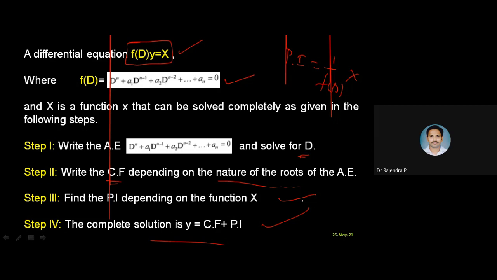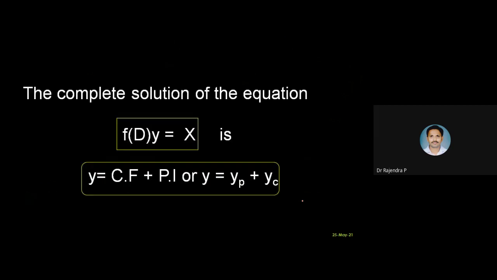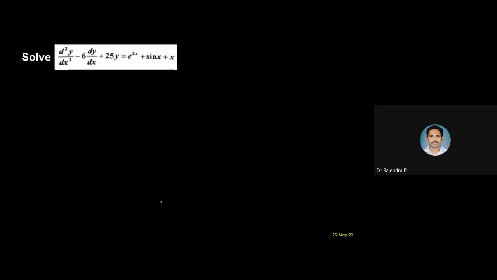Okay, now we'll go ahead with the problems one by one. This whole complete solution will be once we get the complementary function and particular integral, we have to write in this form. Okay, so let's start.